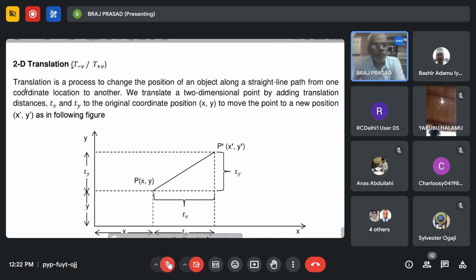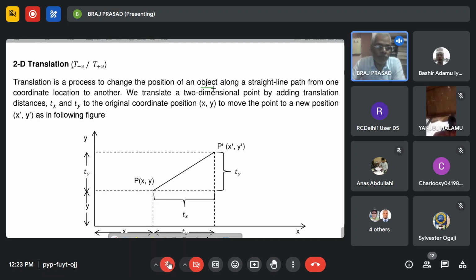Translation is a process to change the position of an object. This object may be a rectangle, square, circle, ellipse. These are geometrical figures or geometrical objects.